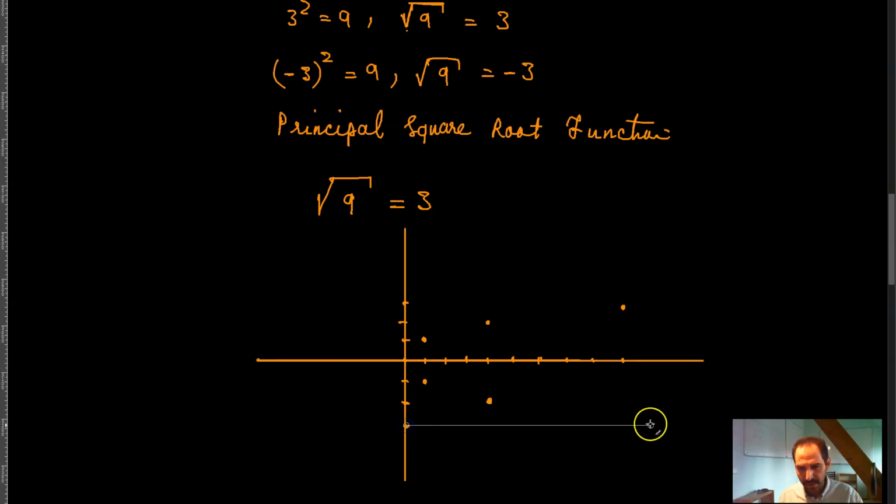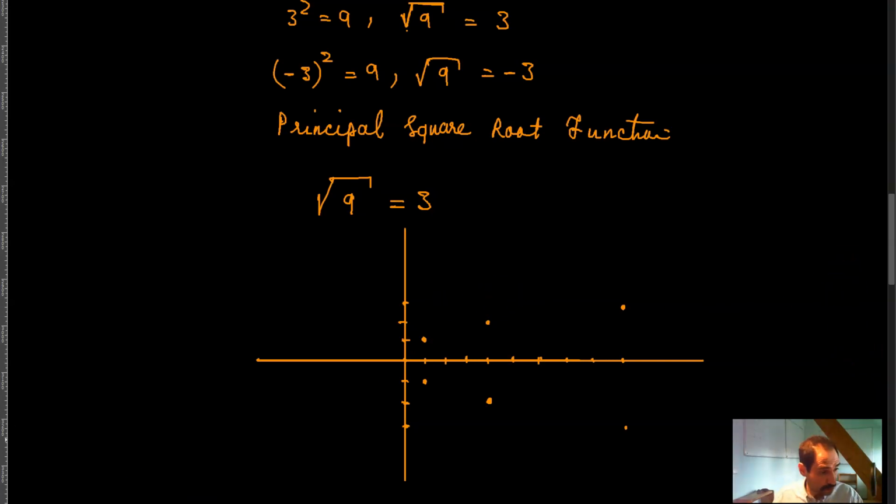And the square root of 16 is equal to 4, for example. You get to 16 and you get to 4.